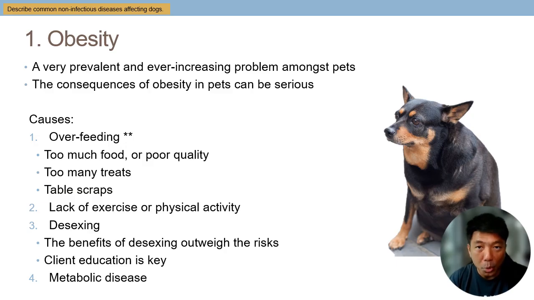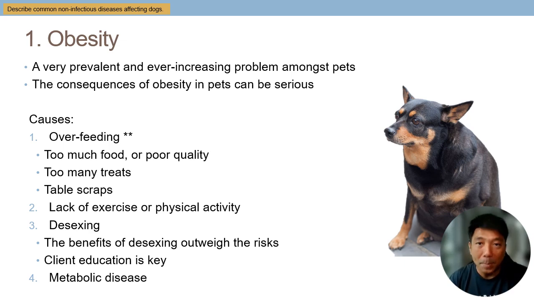In this video, we will cover three non-infectious diseases: obesity, cardiac disease, and osteoarthritis. These conditions are increasingly prevalent, especially in pets that live a sedentary lifestyle or have poor dietary habits.